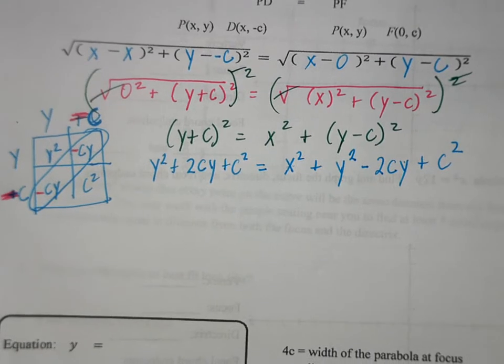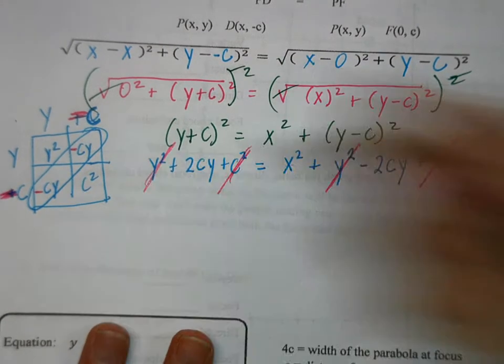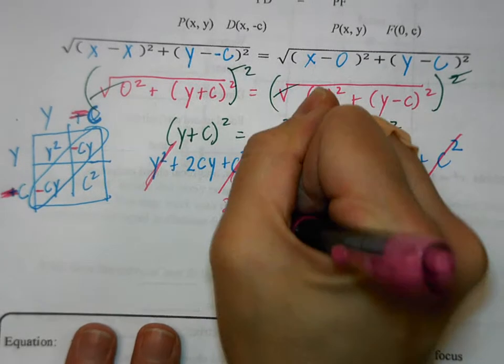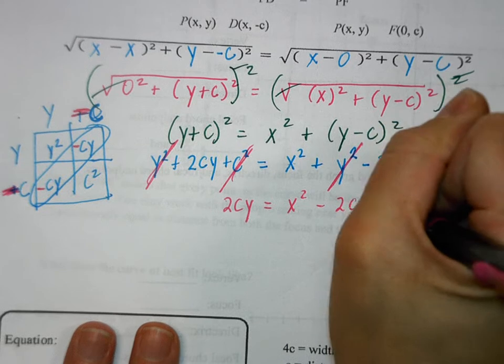What is like that will cancel out? Okay, c squareds, y squareds, and let's write out what we have left. 2cy equals x squared minus 2cy.